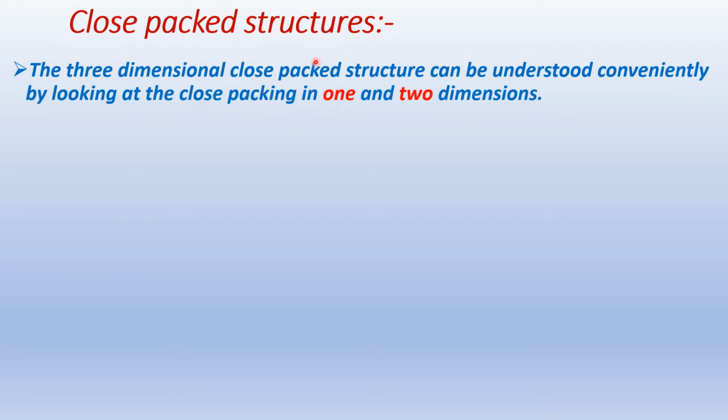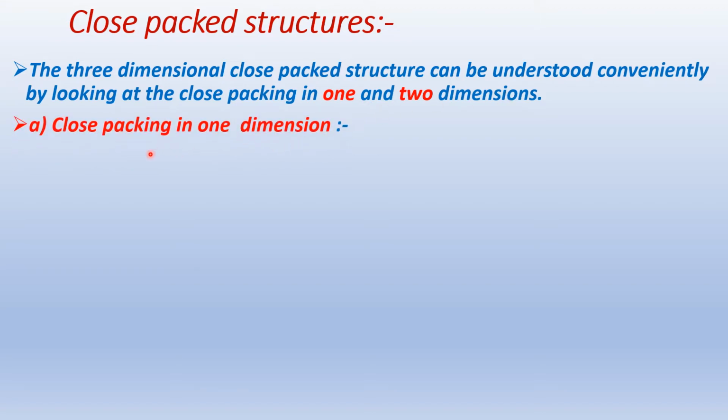Next part, that is close pack structures. In this point, the three-dimensional close pack structure can be understood conveniently by looking at the close packing in one and two dimensions.